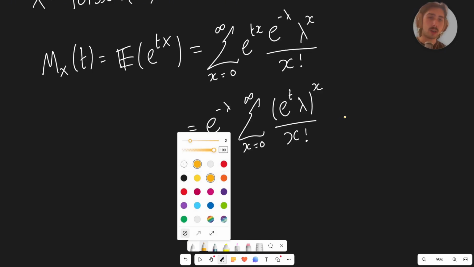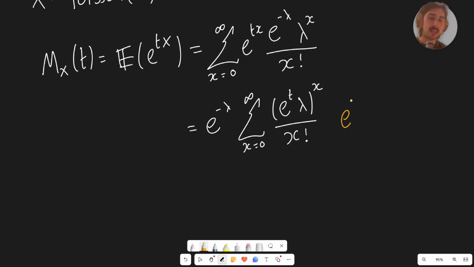Now, let's remind ourselves that e to the power of, let's say, theta, can be rewritten in its Maclaurin series or Taylor series centered about 0 as the sum from, let's say, r equals 0 up to infinity of theta to the power of r over r factorial. The reason I've mentioned this is because you can see that what we've got in our sum is basically the exact same, but we're not using theta, we're using e to the t times lambda.